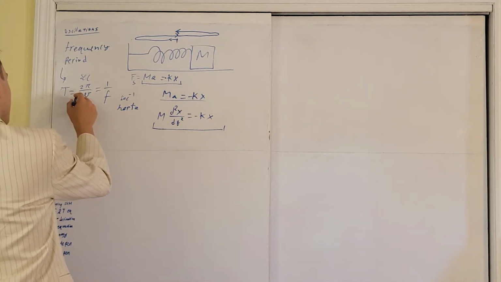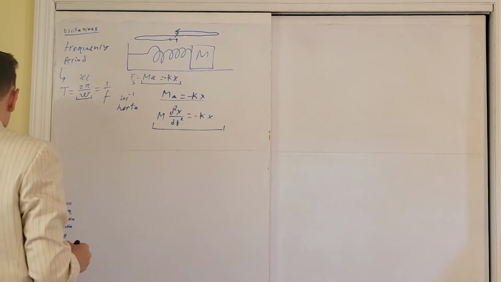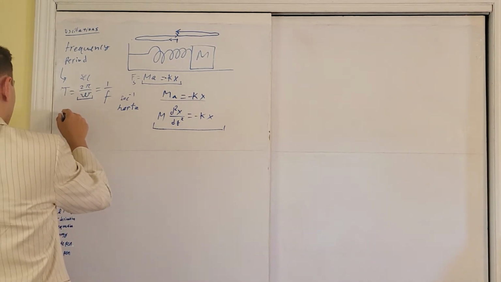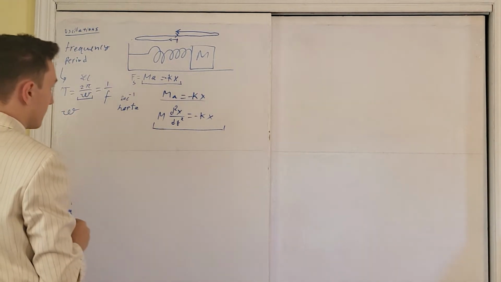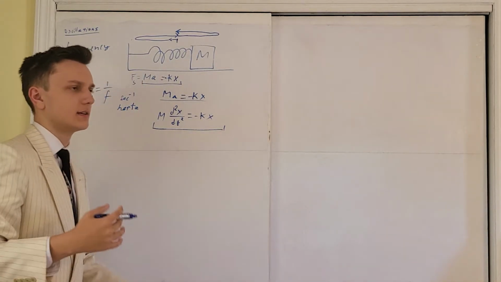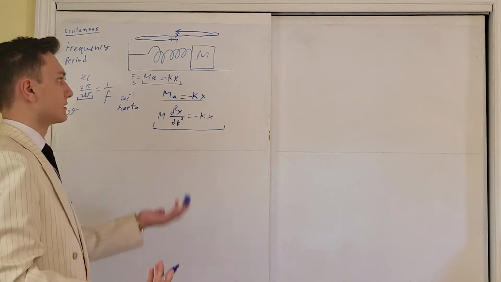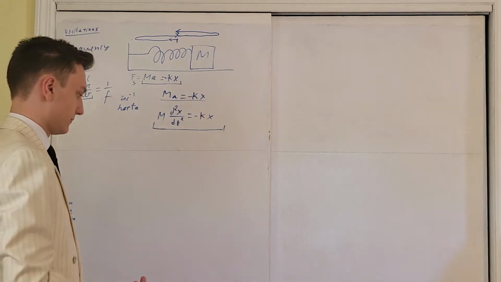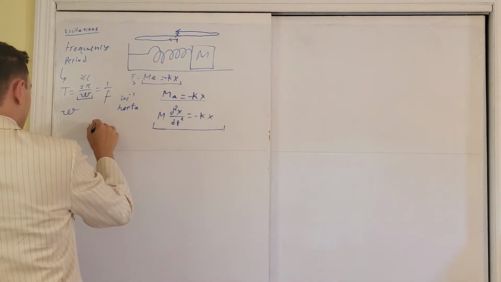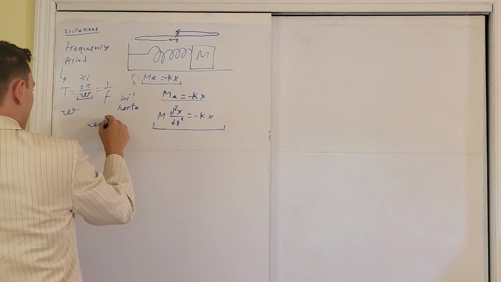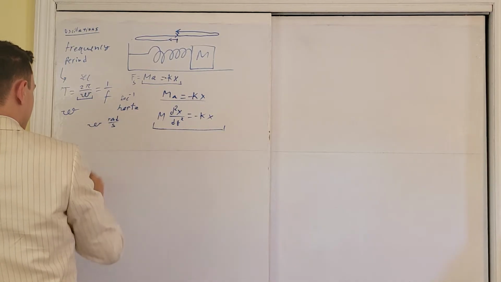Now let's examine this quantity, omega. Omega, as we remember from rotation, is angular velocity. But what does rotation or angular velocity have to do with this? Well, let me show you. Angular velocity is in units of radians per second.